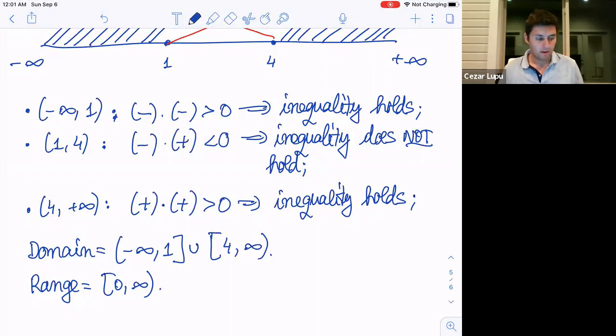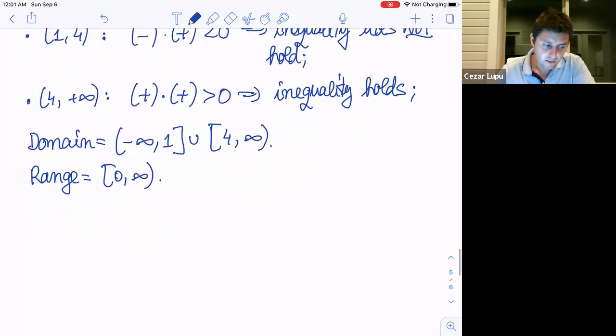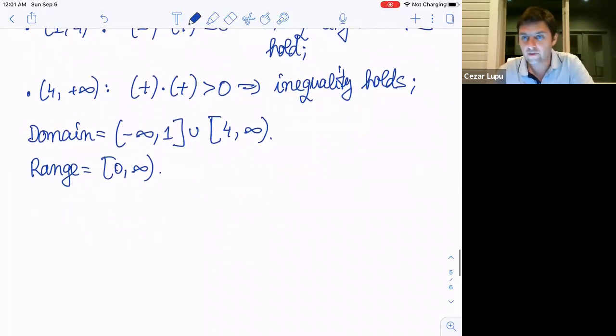And now let's talk a bit about functions, and we'll see more examples. We want to see which ones are functions, which are not functions, and let's point out some remarks.